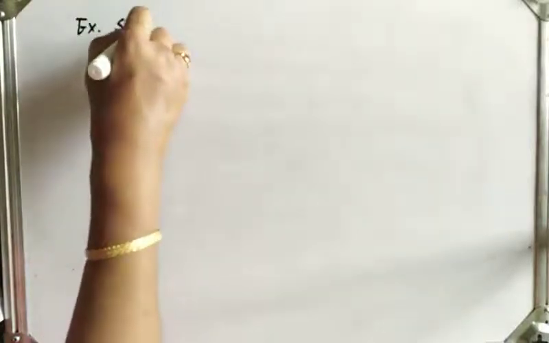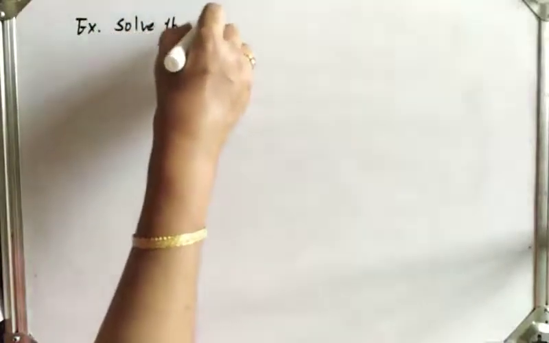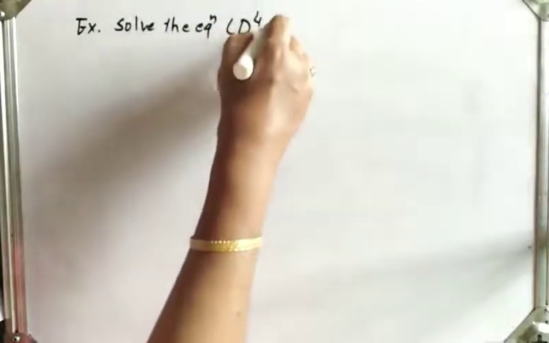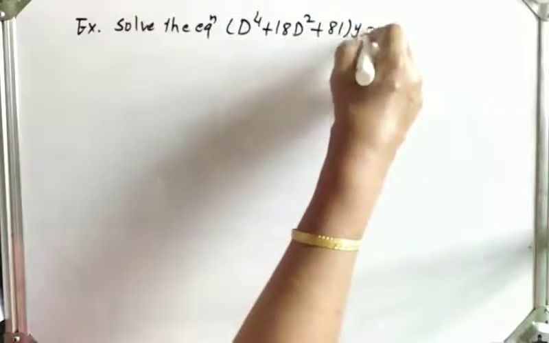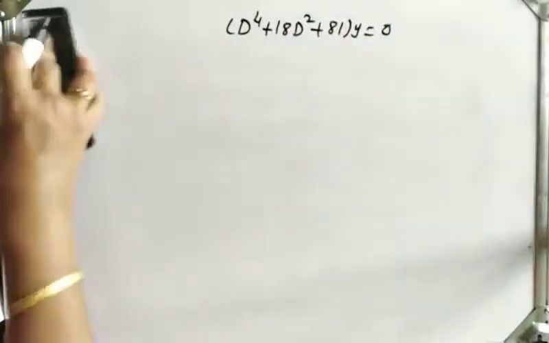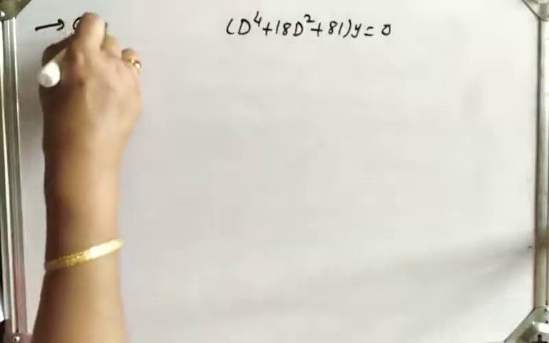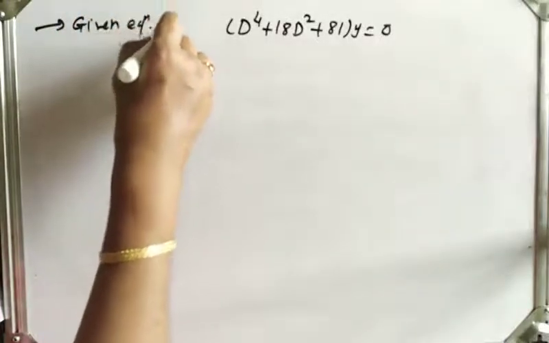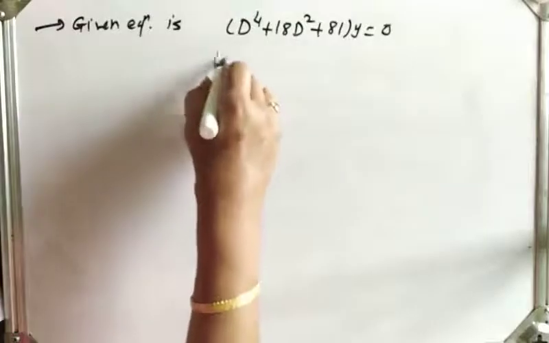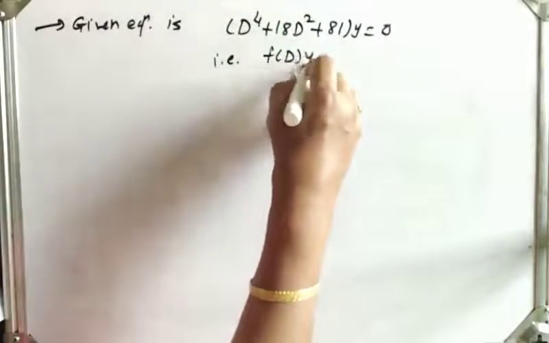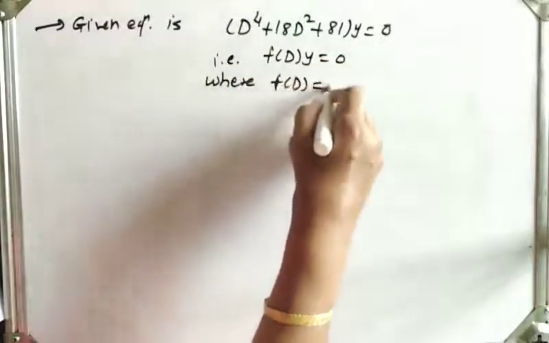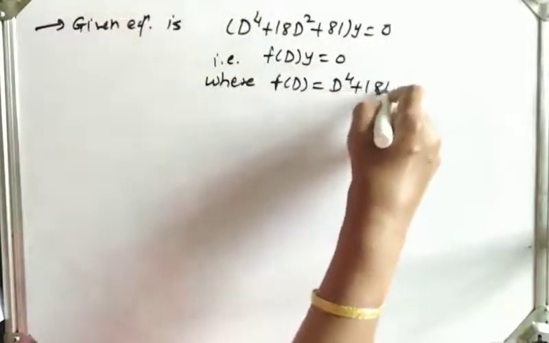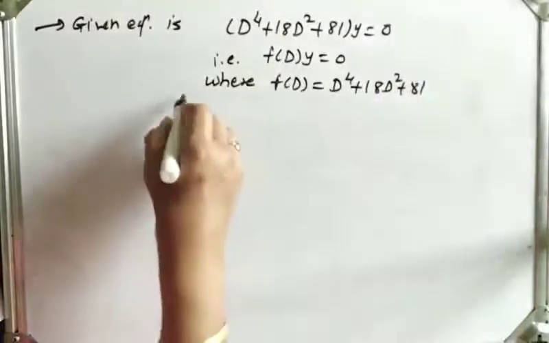Next example, solve the equation (d raised to 4 plus 18d square plus 81) into y is equal to 0. So in the solution, this is the given equation, that is f of d into y is equal to 0, where f of d is d raised to 4 plus 18d square plus 81.